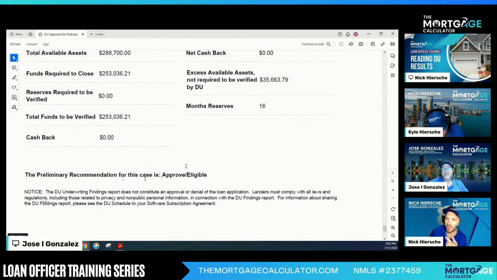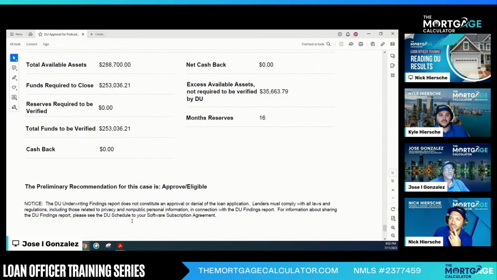Everything, it's beautiful. One thing I want to touch on here, the reserves, guys. That last number, one of the most important numbers there, months' reserves. As Jose said, sometimes it needs to be confirmed, obviously. If you get an approved ineligible, many times you'll be short on reserves, and it'll tell you right there. But even in Jose's case, that's one of the reasons he got a waiver, because those are contributing factors that are going to mitigate the risk, how many reserves.